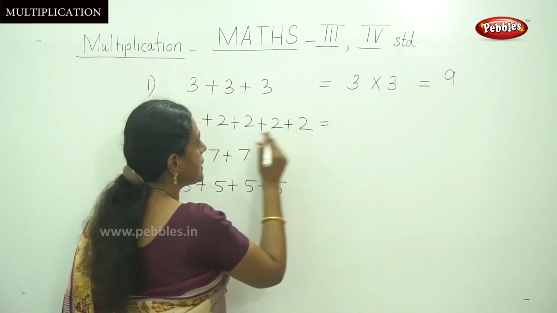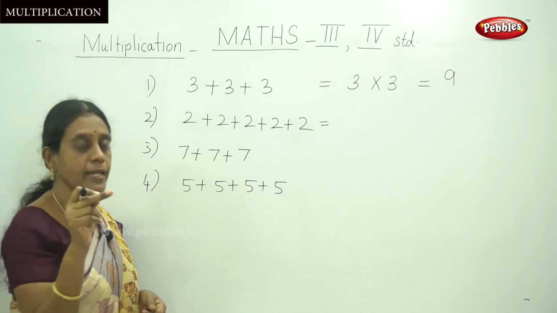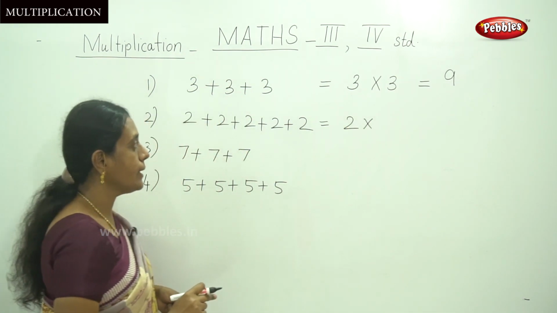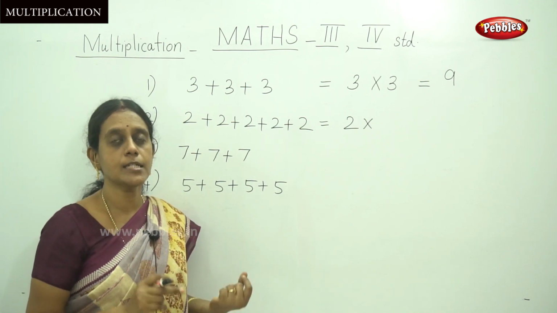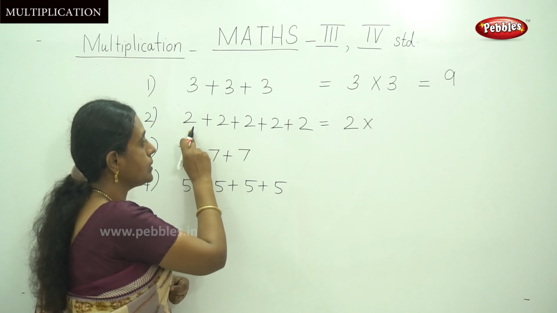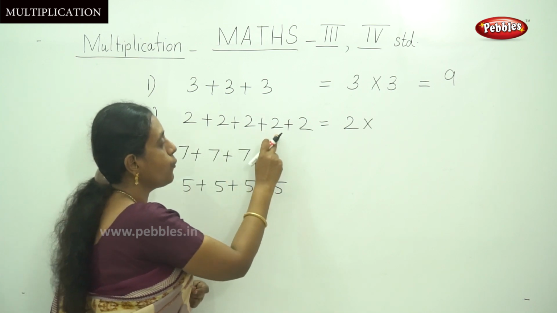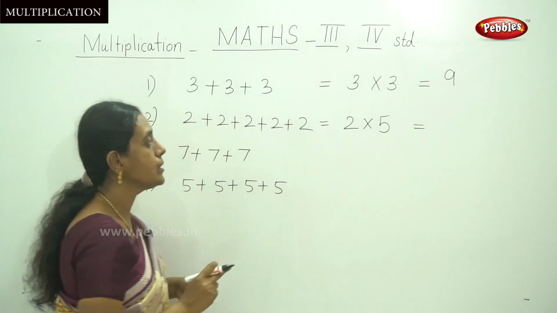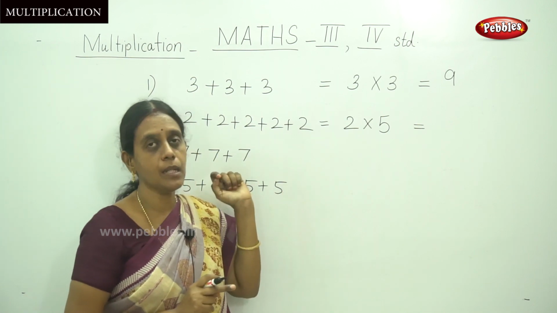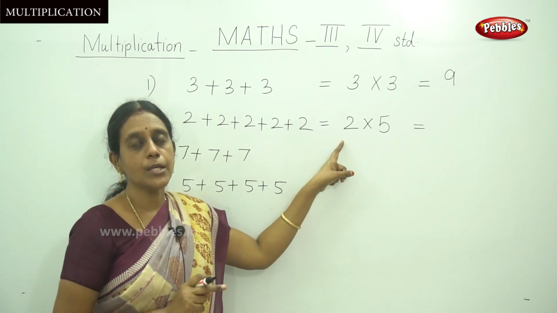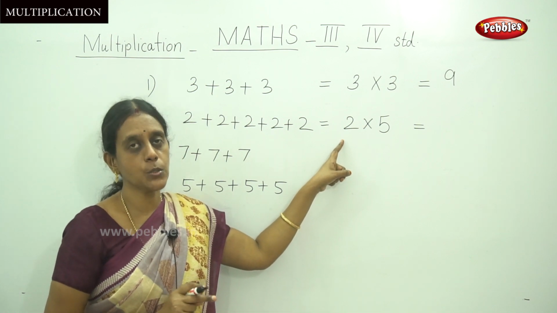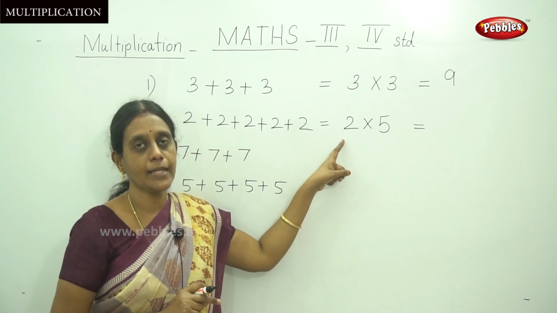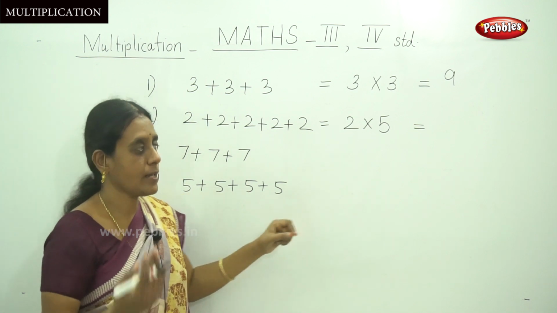What is the number here? Write 2 and put a multiplication sign. How many times is 2 written here? Count: 1, 2, 3, 4, 5. So you put 5. Now you say the 2 table: 0 2s are 0, 1 2 is 2, 2 2s are 4, 3 2s are 6, 4 2s are 8 and 5 2s are 10.